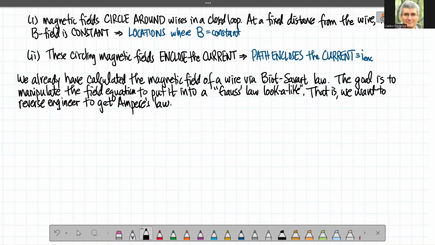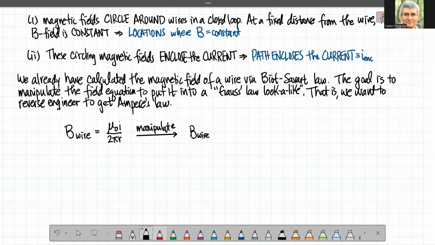So here we go. We know that the magnetic field of a wire looks something like this. We have mu naught I divided by 2 pi r. So now this is what I want to manipulate. I'm going to write this so that I have B of the wire, and you can see in the denominator I have 2 pi.